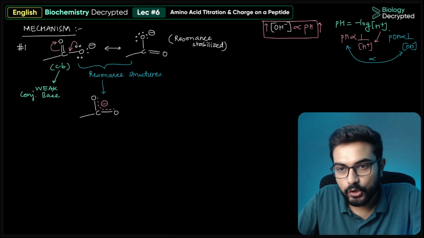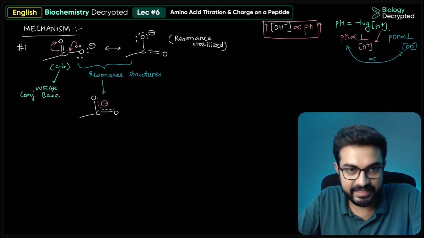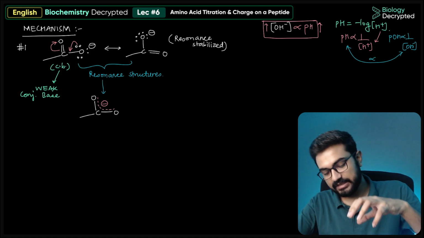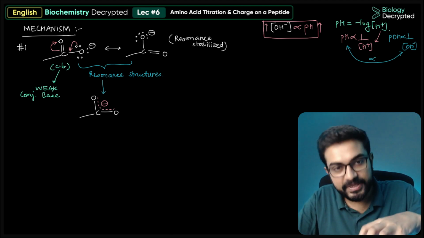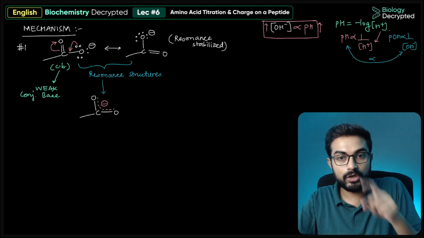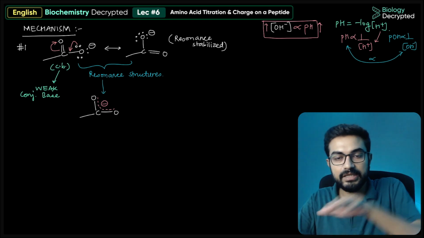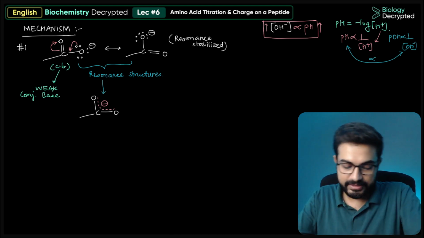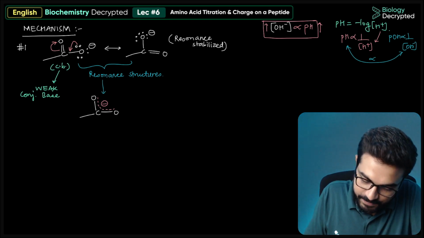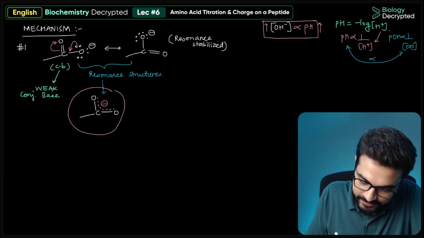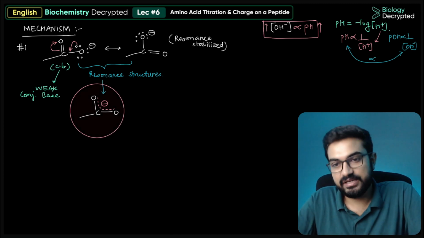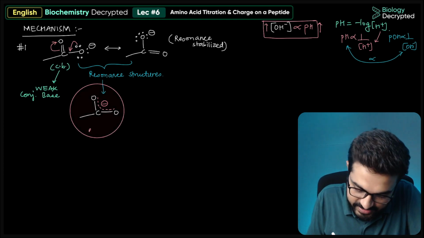This is the overall structure of the carboxylate ion. These lone pairs are not staying on one oxygen, rather they are delocalized, and this is how the ion is stabilized by resonance. This is the resonance hybrid.